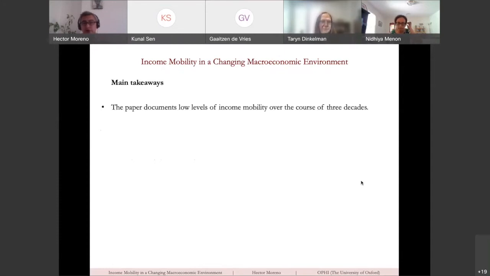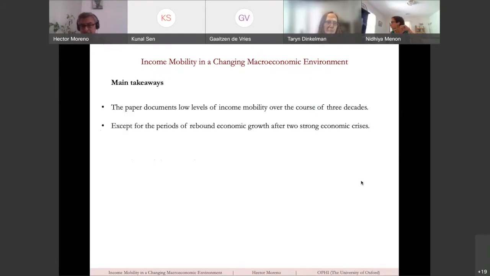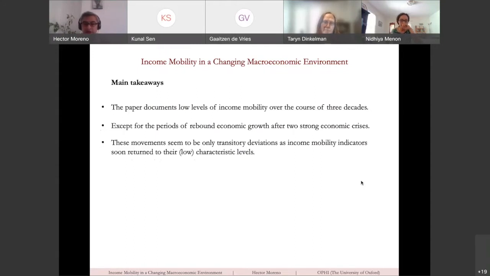The paper finds very low levels of income mobility for these 3 concepts over the course of these 3 decades. And this is a regular observation that we find, except for periods of rebound economic growth that we observed after 2 very strong economic crises.